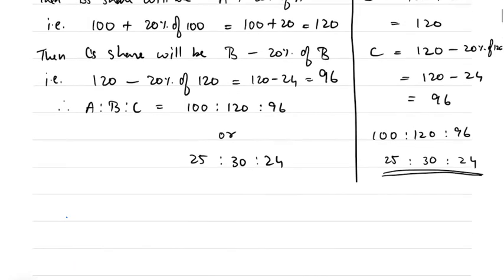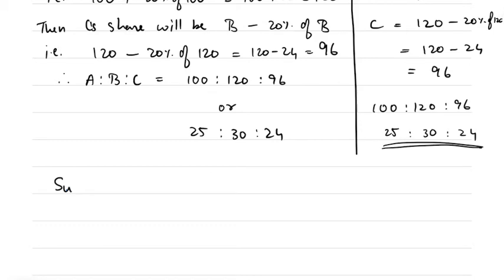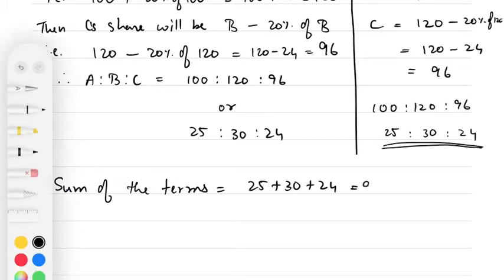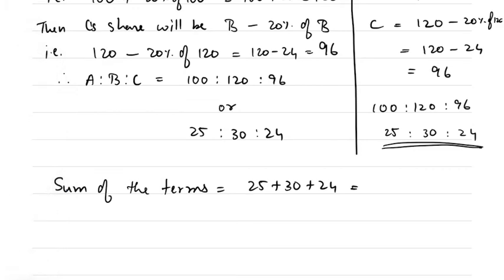So the sum of the terms is equal to 25 plus 30 plus 24, which is 79.